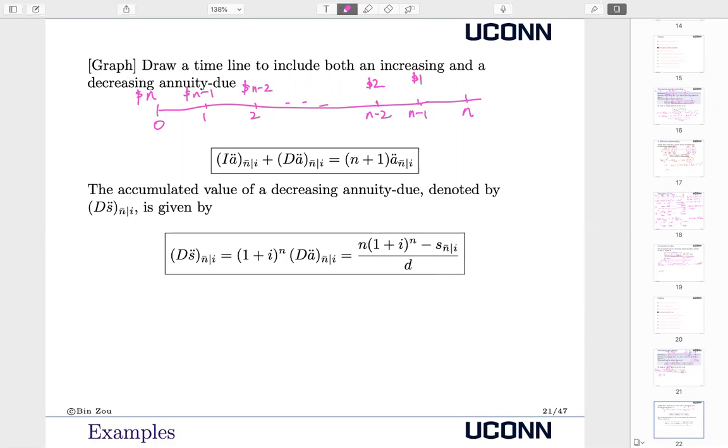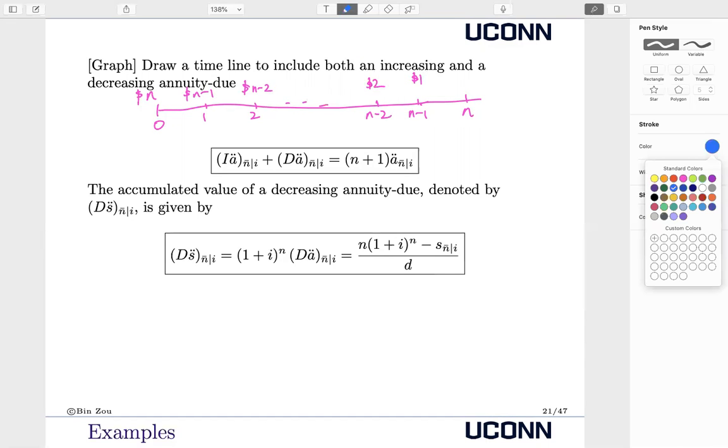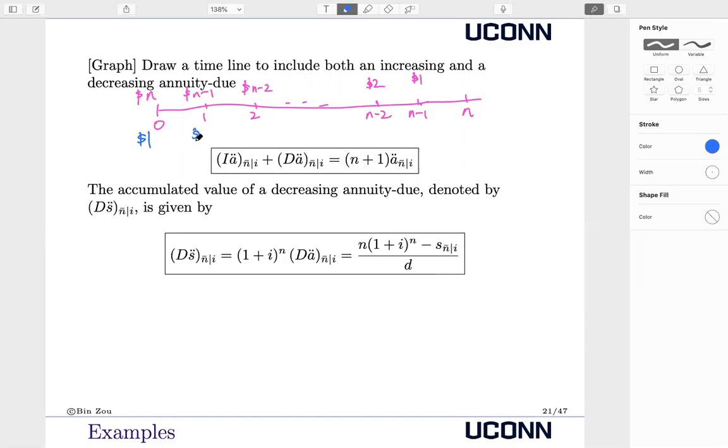Okay, so now I want increasing. Increasing, here is 1, here is 2, here is 3, goes all the way to here is n minus 1, here is n. Right? So of course, when you add them together, it is always n plus 1. The same idea, except now you have annuity due instead of annuity immediate in the previous case.